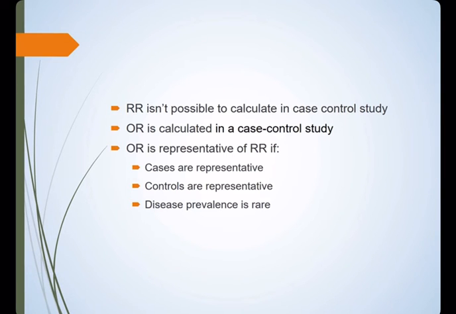And also, we need the controls studied to be representative of all people without the disease in the population from which the controls were obtained. We also need the assumption that the incidence rate of the disease being studied is very low, so that the odds ratio will approximate the relative risk and the rate ratio.